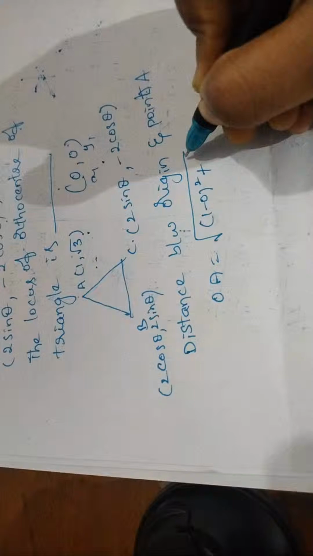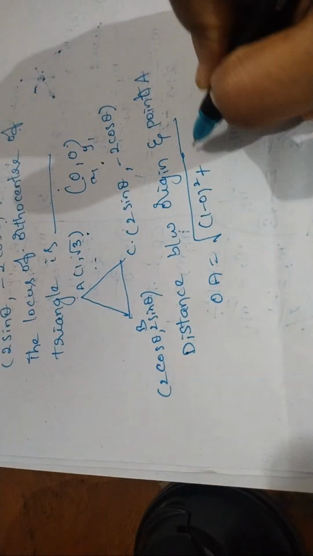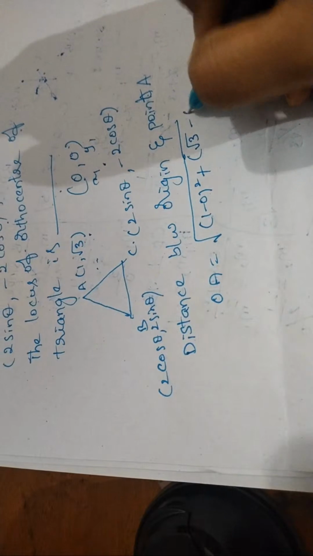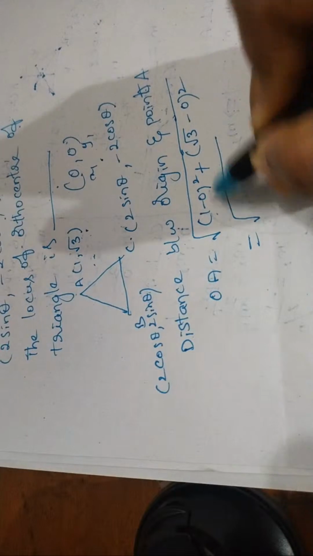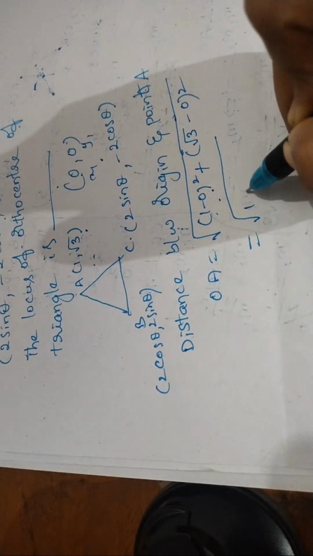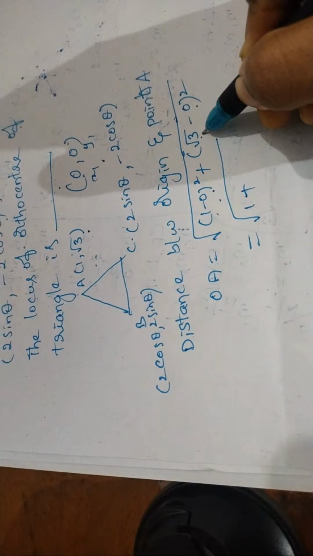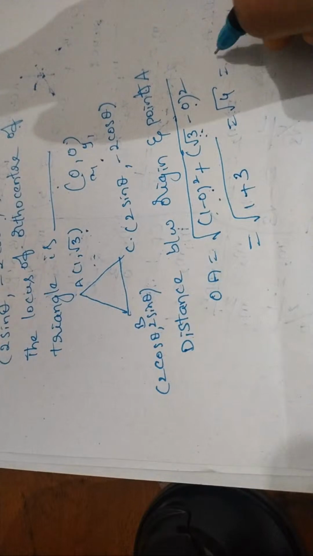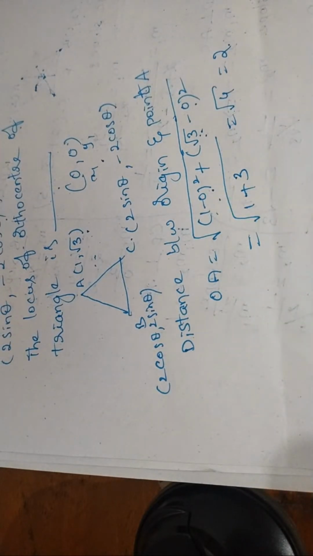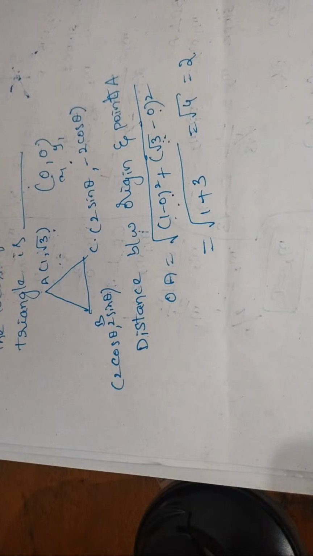Taking (0, 0) as x1, y1 and A as x2, y2, the distance is the square root of (x2 minus x1) whole square plus (y2 minus y1) whole square. That is (1 minus 0) square, which is 1, plus (root 3 minus 0) square, which is 3. So root 4 is 2. So OA, the distance between origin and point A, is 2.